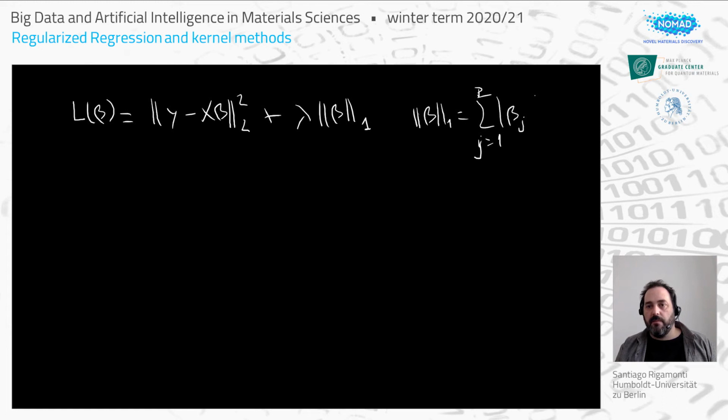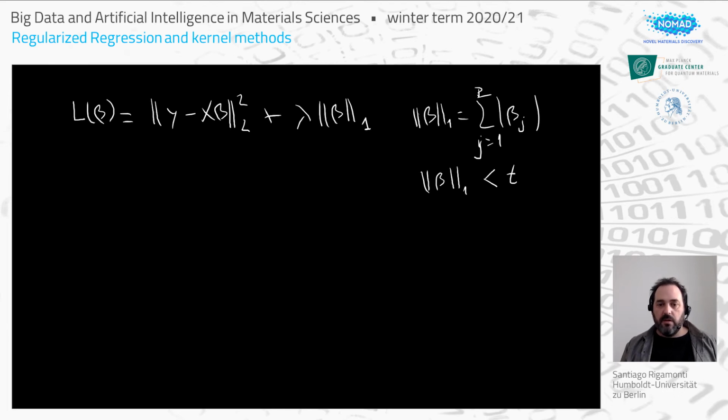So in that case, now I will plot how it looks in the constraint case. In the constraint case, we just optimize this part, applying this constraint. Basically, the constraint would be now saying that the L1 norm of beta is smaller than a certain number.